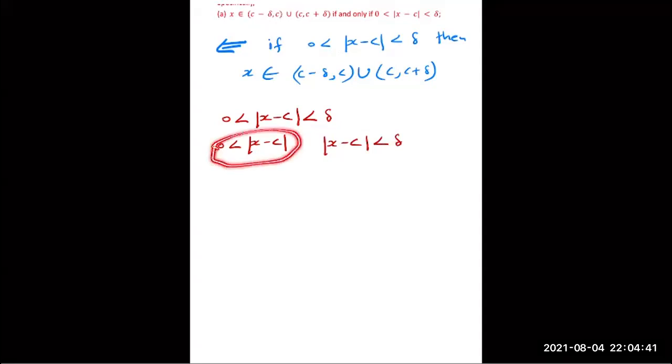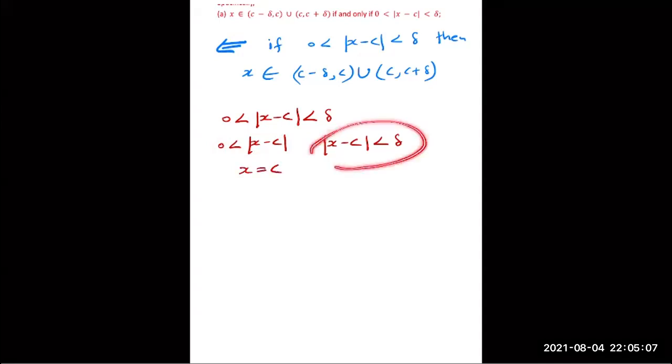What does this mean? Absolute value of x minus c greater than 0 means x cannot be c, because if x is equal to c, this will be c minus c, which is 0. So how can 0 be greater than 0? So it means x cannot be equal to c.